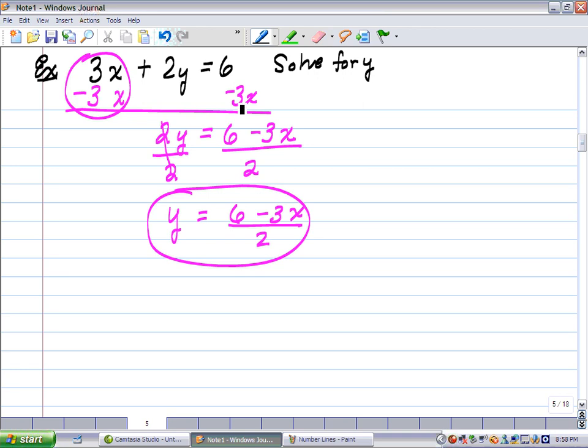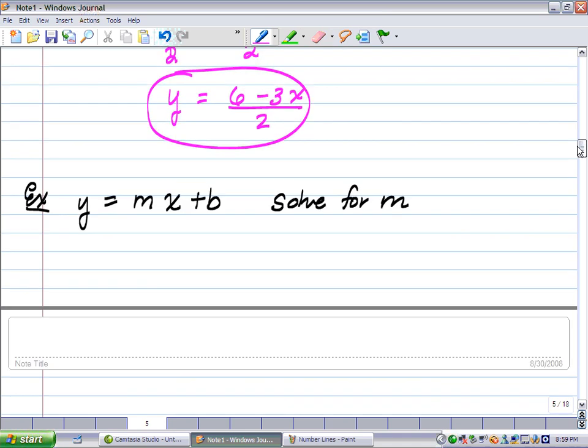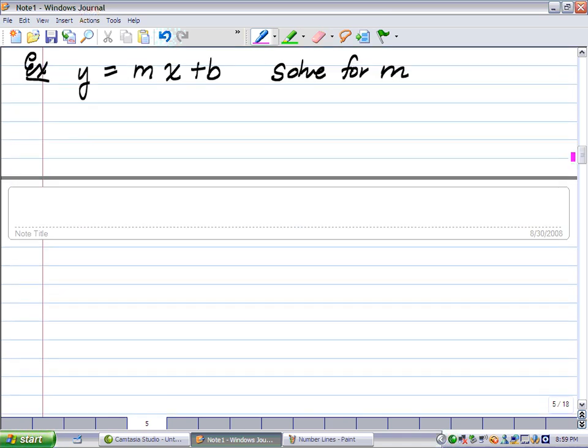Okay, let's try this one. Y equals mx plus b, and let's solve this one for m. So I want to get m alone. How am I going to get m alone? I want to get the term with m by itself first. So I'm going to get rid of the b by subtracting it from both sides of the equal sign.